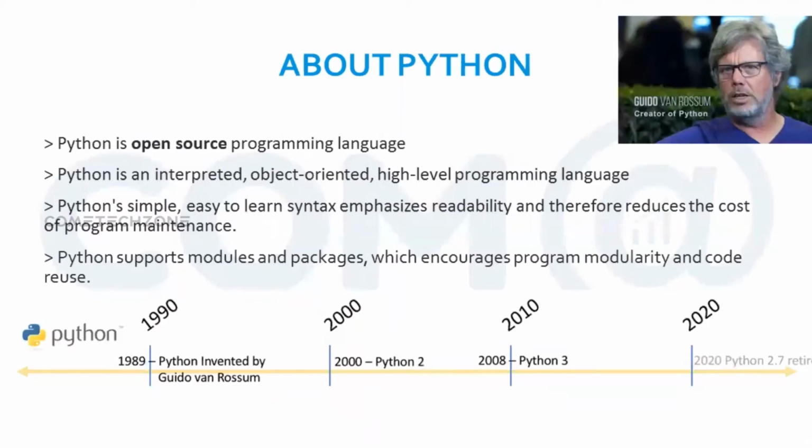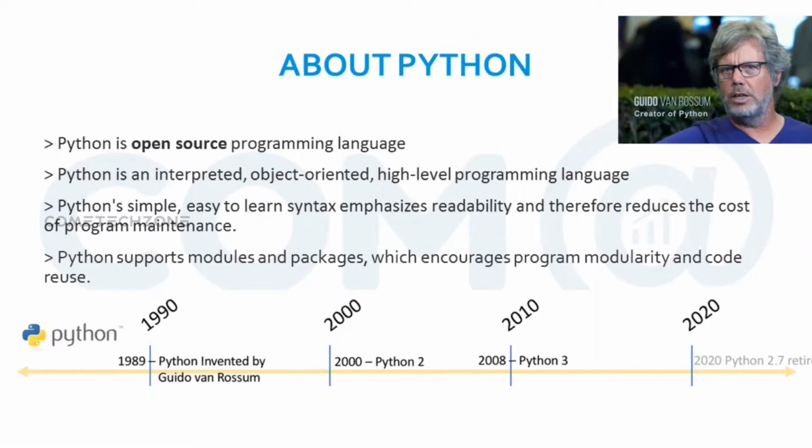So about Python, the creator of Python is Guido van Rossum, and it is an open source programming language. Python is an interpreted, object-oriented, and high-level programming language. When it comes to high-level programming languages, Python offers the convenience of code readability, which makes the syntax of the program much easier and shorter, resulting in fewer coding steps for the developer, which is very essential nowadays.